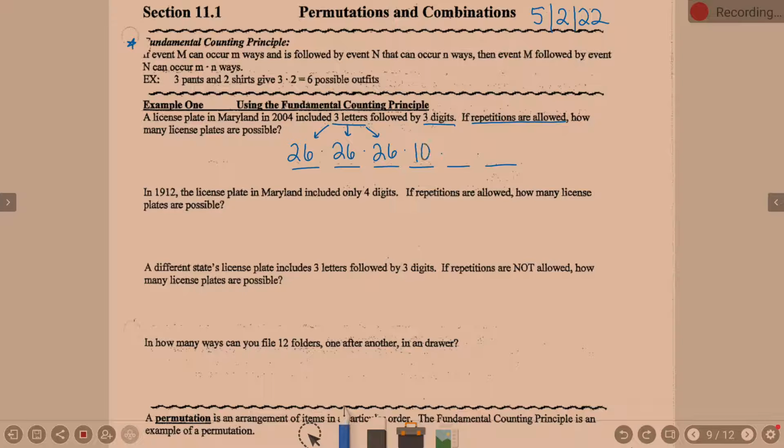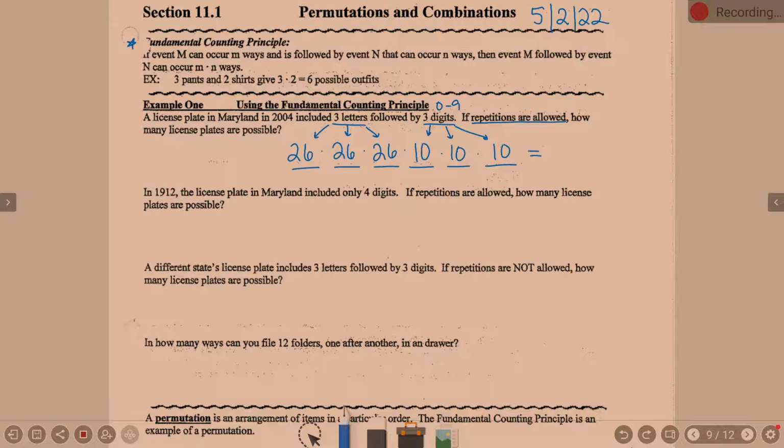There are 10 digits possible because when you look at 0 through 9, that is 10 digits. Be aware of that, right? That's a trick to learn right now because that's an easy one to mess up. Okay, what about the next spot? Another digit. Repetitions are still allowed, so we still have 10 choices. And the final spot? 10. Still 10.